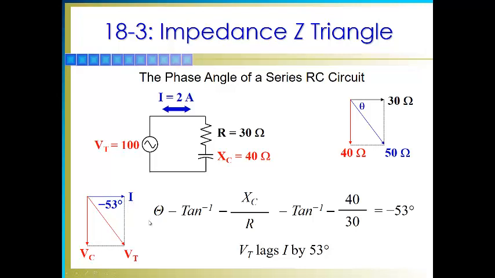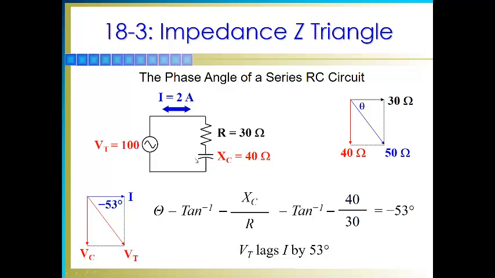But now we're going to find the angle between the current and the total voltage, okay? So remember, this current right here is 90 degrees out of phase with the voltage across here, okay?